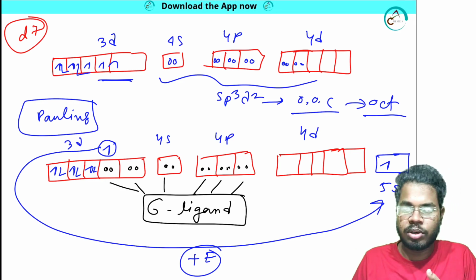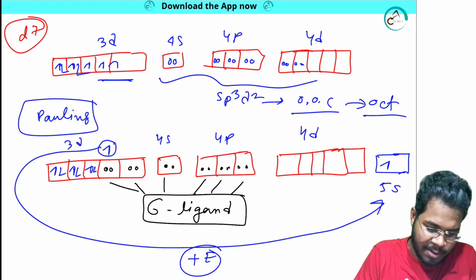So before going to that kind of example, let me give you some real life examples for the D7 system.